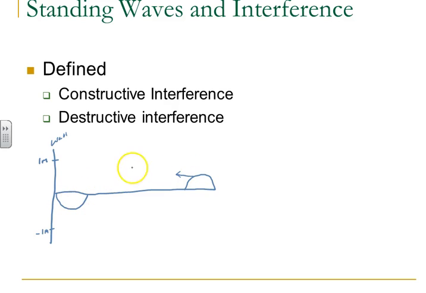And so what happens, let's say that this is 0.5 meters and that this is -0.5. What happens when they actually meet in the middle? When they meet in the middle, what's going to happen is that we're going to have a positive 0.5 wave sitting on top of a negative 0.5 wave. These waves are going to add algebraically.